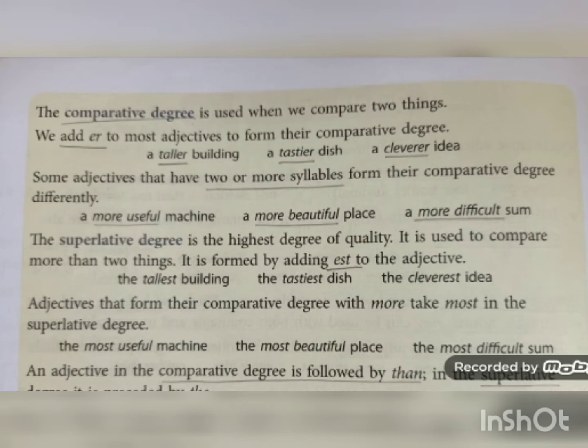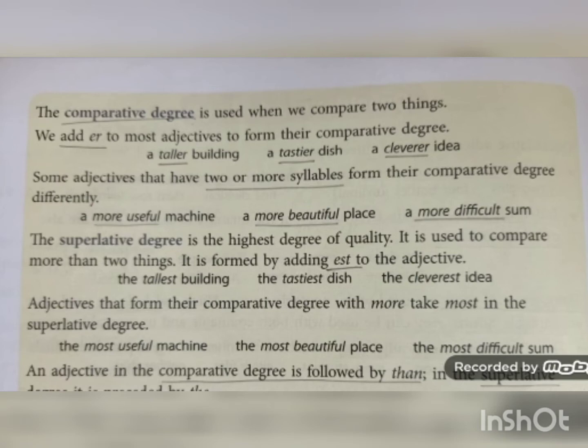Some adjectives that have two or more syllables form their comparative degree differently. We add er to the adjectives which are of one syllable. They are one-syllable words. But adjectives that have two or more syllables form their comparative degree differently.